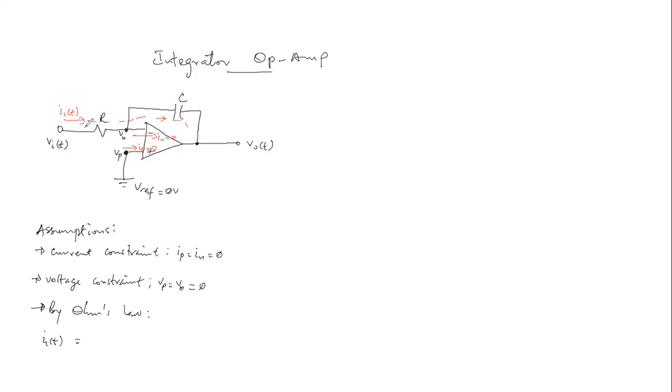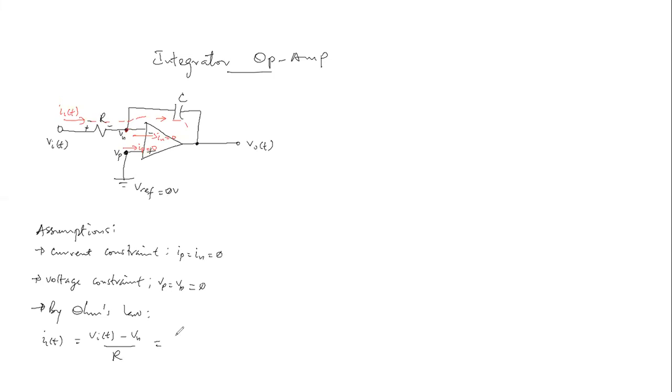By passive sign convention, this is positive, this is negative, so that will be V sub I of t minus V sub N divided by R. But V sub N is the same as 0 because the voltage V sub P is equal to 0, and by the voltage constraint assumption, V sub P and V sub N are the same, and that is the same as 0.